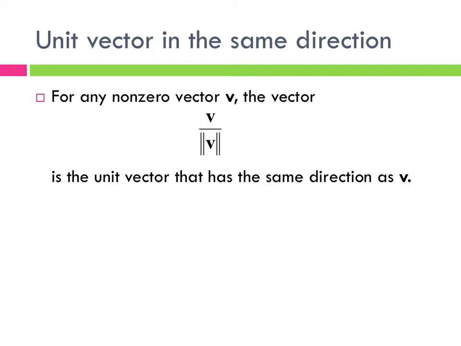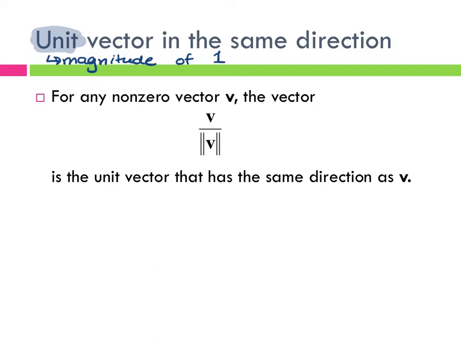All right, so then we get to a couple of applications on these vectors. One type of thing it's going to ask you to find is a unit vector in the same direction. So if it gives you a vector in component form, and it asks you to find another vector that's in the same direction, the word unit means that it has a magnitude of 1. So it only wants it to be 1 unit long.